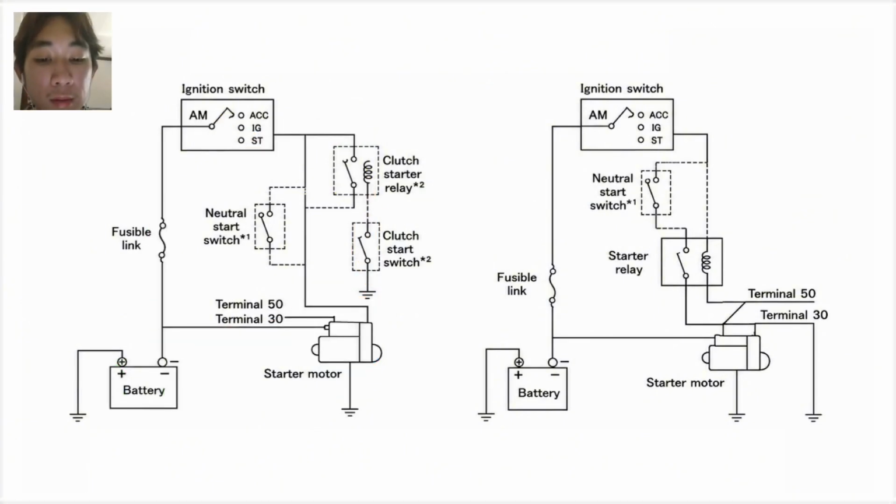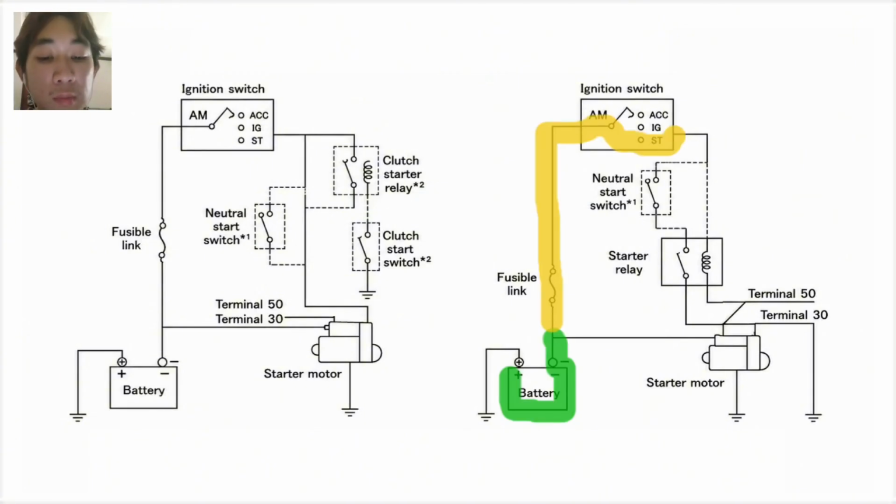Now, let's look at the circuit on the right side. The operation is similar, but the system includes a starter relay. Now we are going to explain the electrical circuit flow in this diagram. First, the battery supplies power through the fusible link.